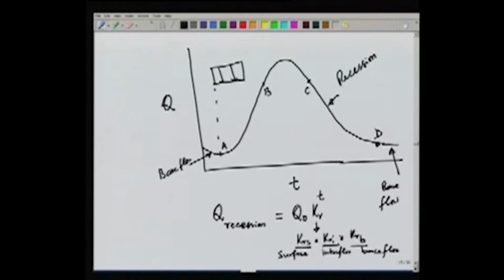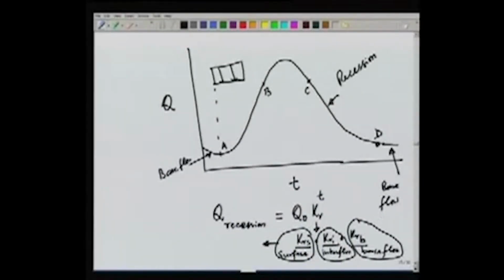In most of the basins, interflow component may not be very large, and typically KRI can be taken as 1. KRS denotes how fast the water is coming out of storage from the channel, and as we have seen earlier, it depends on the channel slope. If channel slope is large, water will come out of it faster.